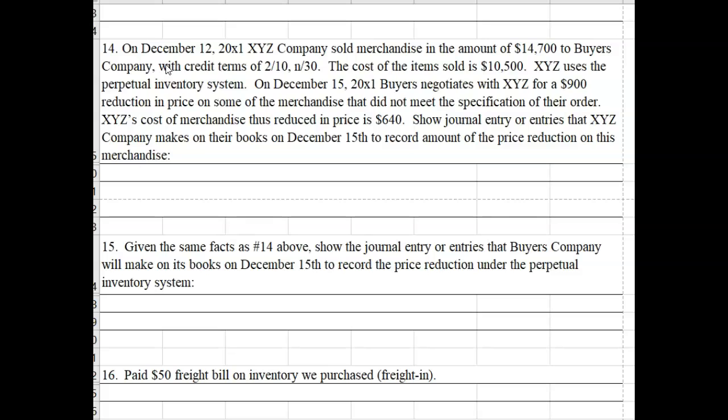On December 15, 20X1, Buyers negotiates with XYZ for a $900 reduction in price on some of the merchandise that did not meet the specification of their order. XYZ's cost of the merchandise thus reduced in price was $640. Show the journal entry or entries that the seller, XYZ Company, makes on their books on December 15th to record the amount of this price reduction on the merchandise.